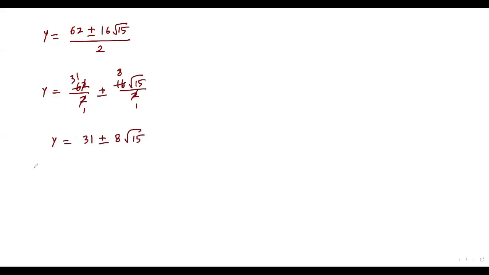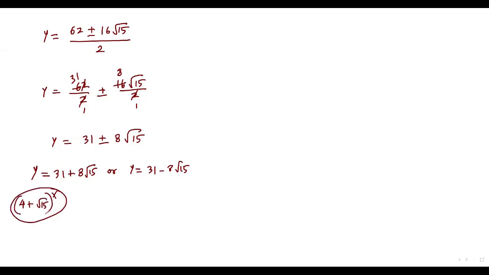Okay, now we can write this as y equals 31 positive 8 times square root of 15, or y equals 31 negative 8 times square root of 15. Okay, so actually y is a variable taken by us. Originally we assigned y for 4 positive square root of 15 whole to the x power, only to make the solving process easier, so we just assumed y for this one.